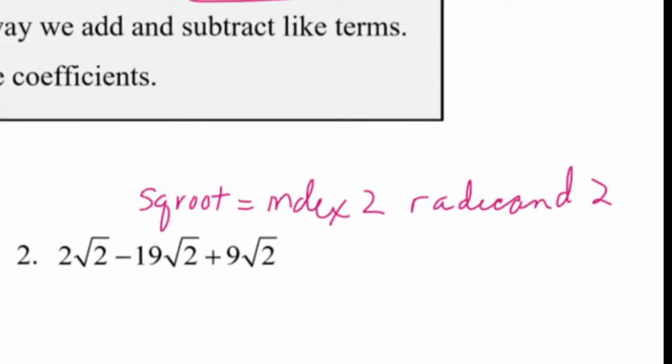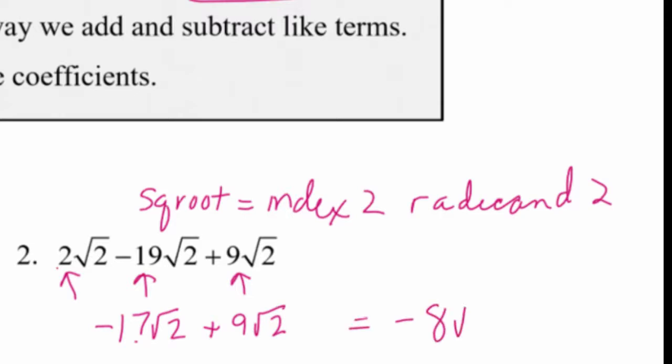So we're going to work with those coefficients. 2 minus 19 is a negative 17, plus a 9. So 2 radical 2 minus 19 radical 2 is a negative 17 square root of 2 plus 9 square root of 2, and then adding a negative 17 and a positive 9, you get a negative 8 square root of 2. So that's your answer.